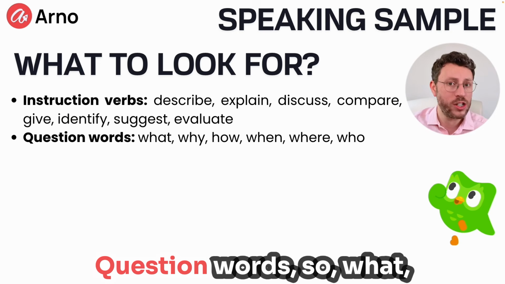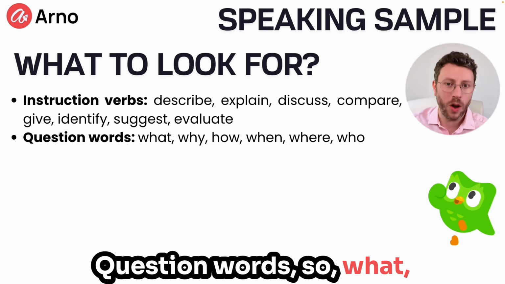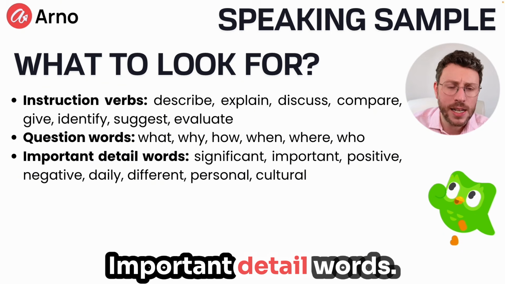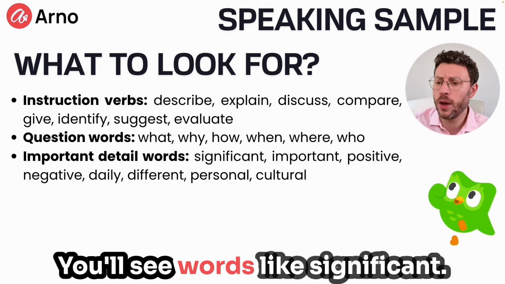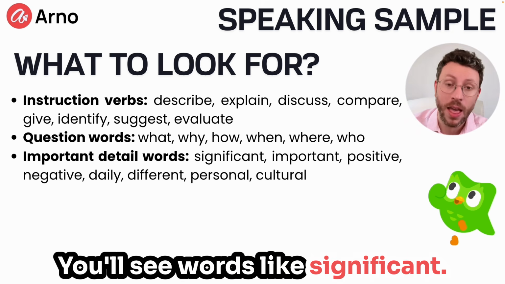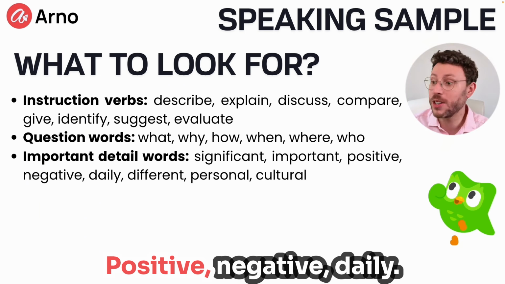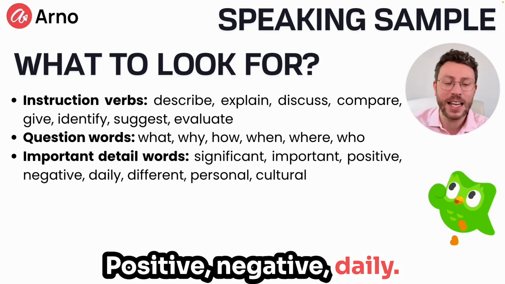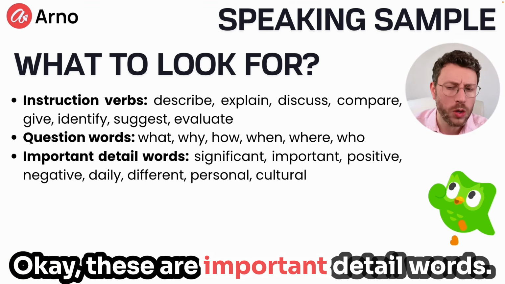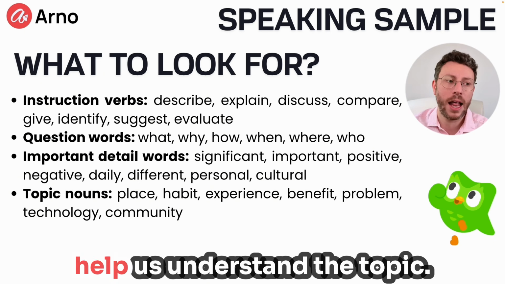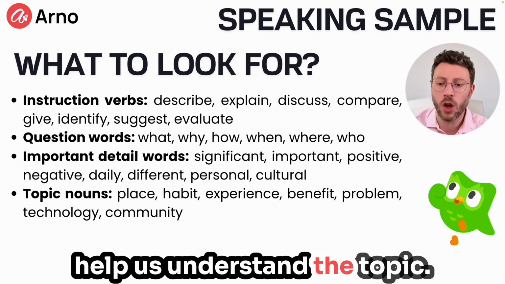Question words, so what, why, how, when, where, who. Important detail words, you'll see words like significant, that means meaningful or important, positive, negative, daily. These are important detail words. And then topic nouns that help us understand the topic.